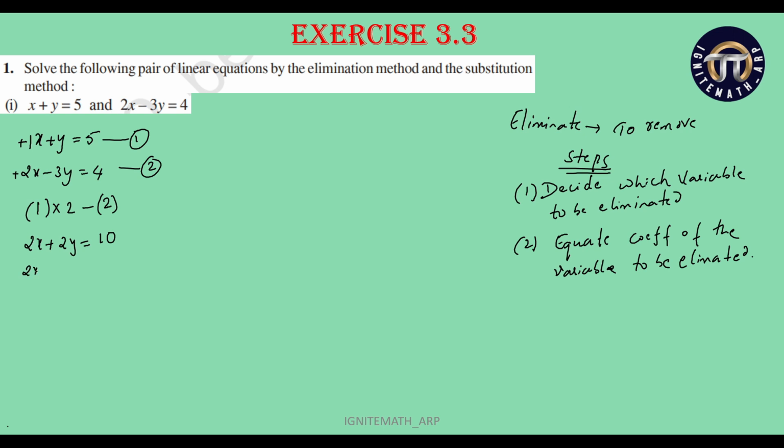Then I write 2x minus 3y is equal to 4. Here I am subtracting, which means I need to change the sign. Very important. So 2x minus 2x gets cancelled, and I get 5y is equal to 10 minus 4, that is 6. So y is equal to 6 divided by 5.